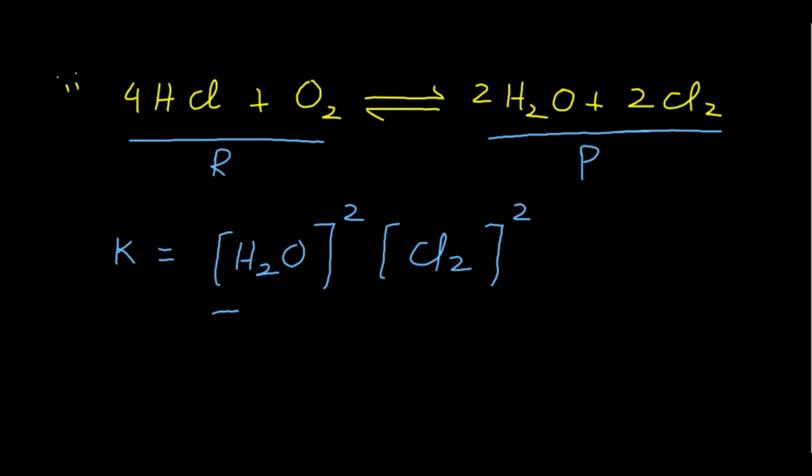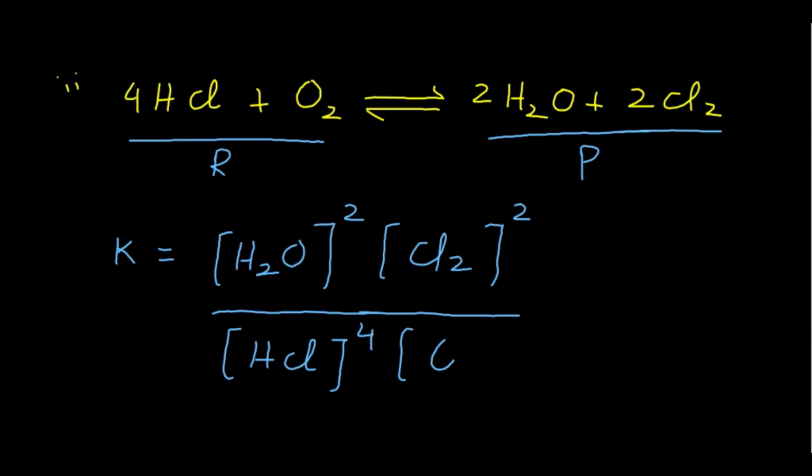So raised to the power 2 divided by, what are reactants in this equation? HCl and oxygen. So we write here HCl. How many moles of HCl are given? 4. Similarly, oxygen. So this is the equilibrium constant expression, that is Kc for this reaction. I hope Kc for this reaction is clear to you, students.